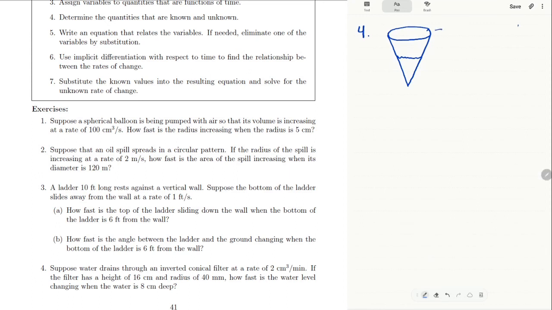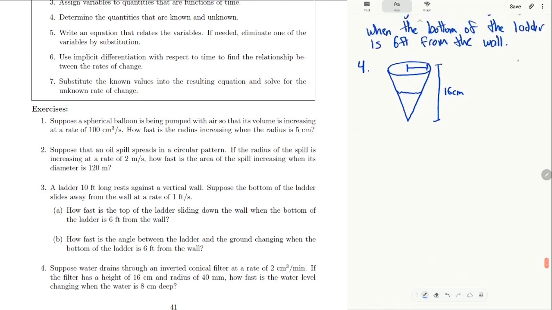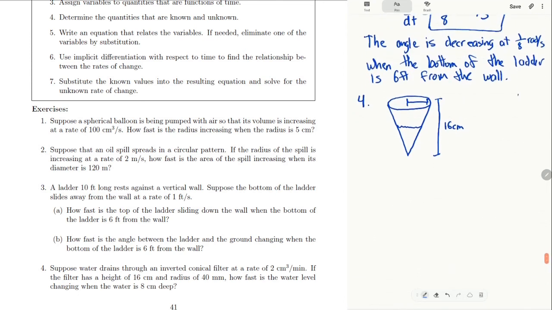Now the filter has a height of 16 centimeters, and its radius is 40 millimeters. So we're going to let R be the radius of the water level and H be the height of the water level.